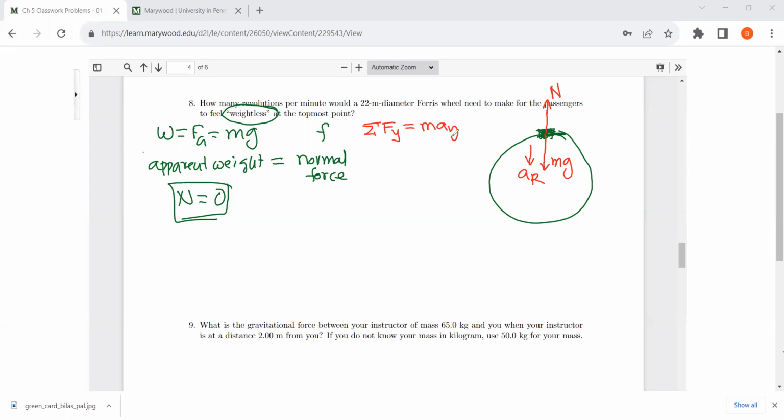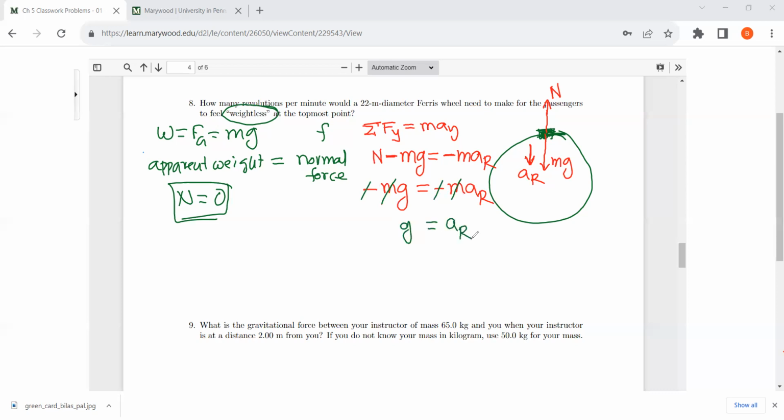The forces are N minus mg, and that equals minus m a_r. The minus signs are because gravity is downward, and a_r is also downward. But for weightlessness N equals 0, so the equation is very simple. The m's cancel out, and minus and minus cancel out. You see that g is equal to a_r.